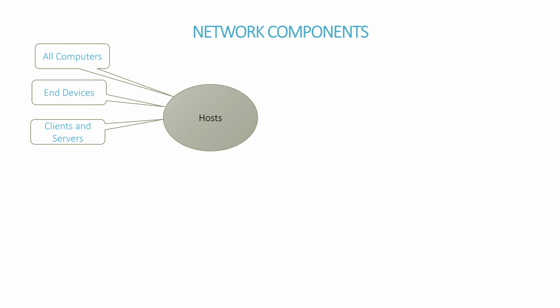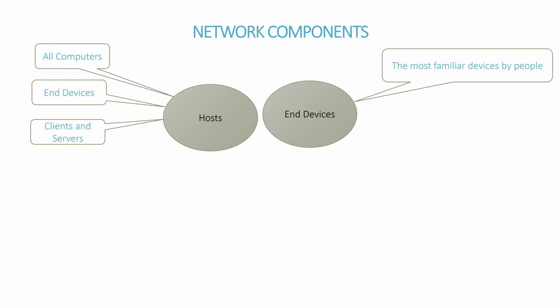Another important component of the network, as we mentioned with the hosts, is end devices. End devices are more familiar to people compared to other network devices. As we mentioned before, each end device uses a unique address to communicate with other end devices.